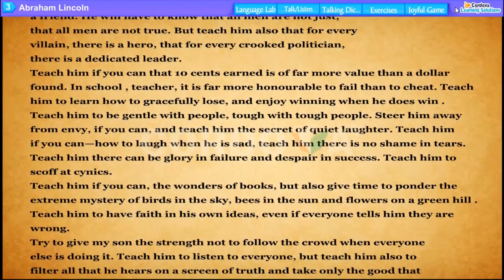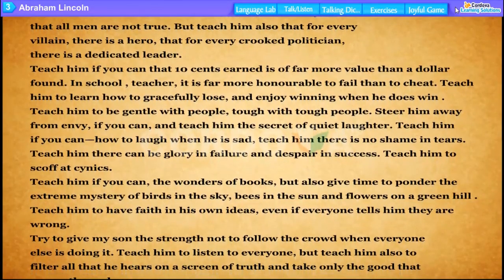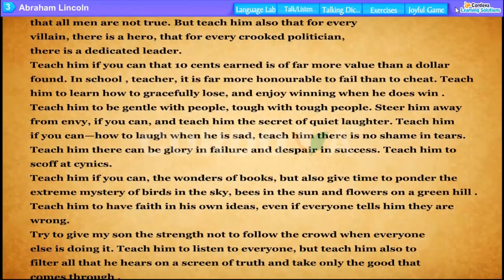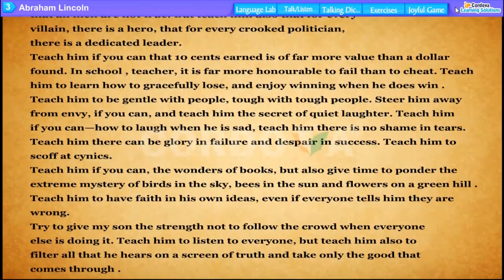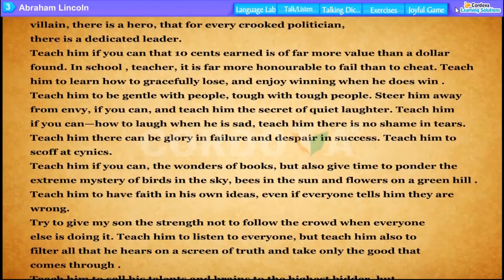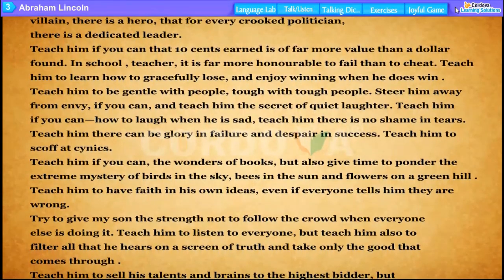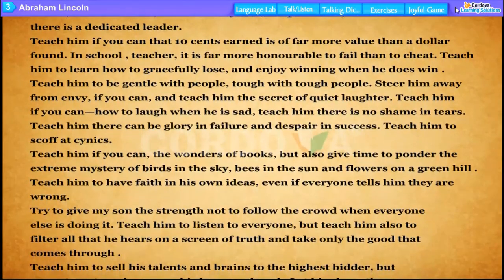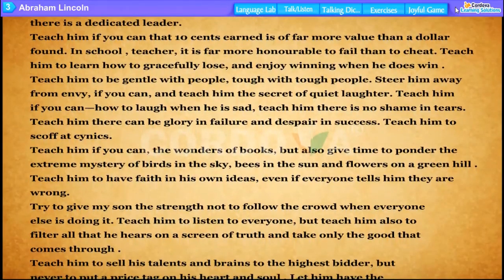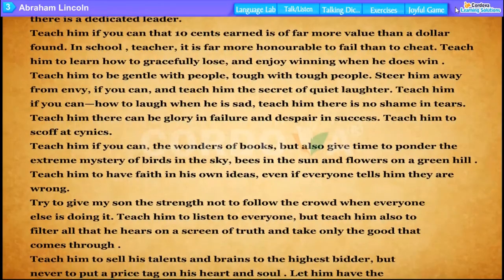Teach him, if you can, that 10 cents earned is of far more value than $1 found. In school, teacher, it is far more honorable to fail than to cheat. Teach him to learn how to gracefully lose and enjoy winning when he does win.